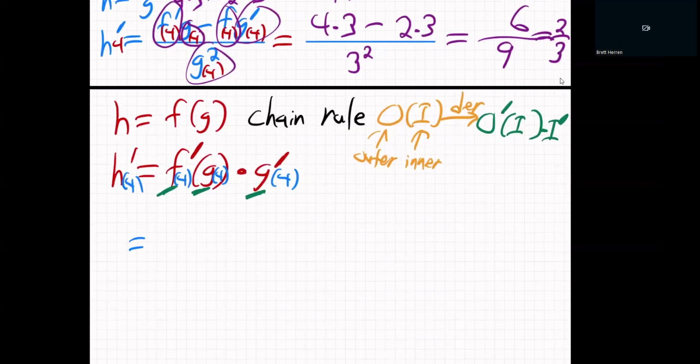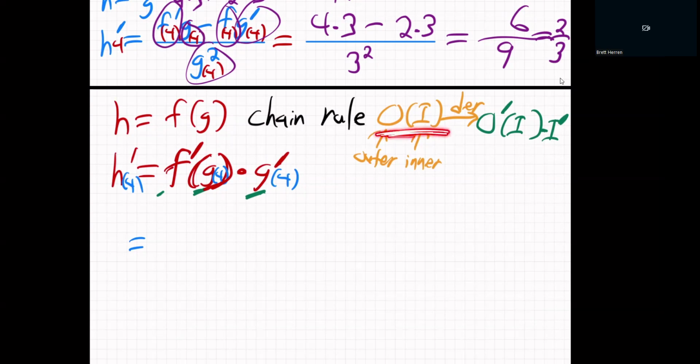Oh, wait, that wasn't correct. Let me be a little bit more careful there. This is f prime of g of 4. It's not multiplication. I messed up there. Let me be really clear.